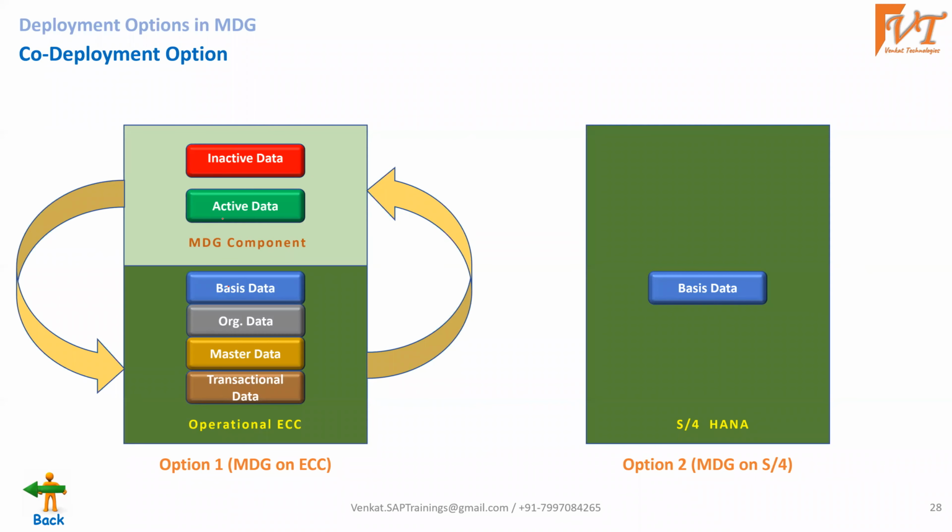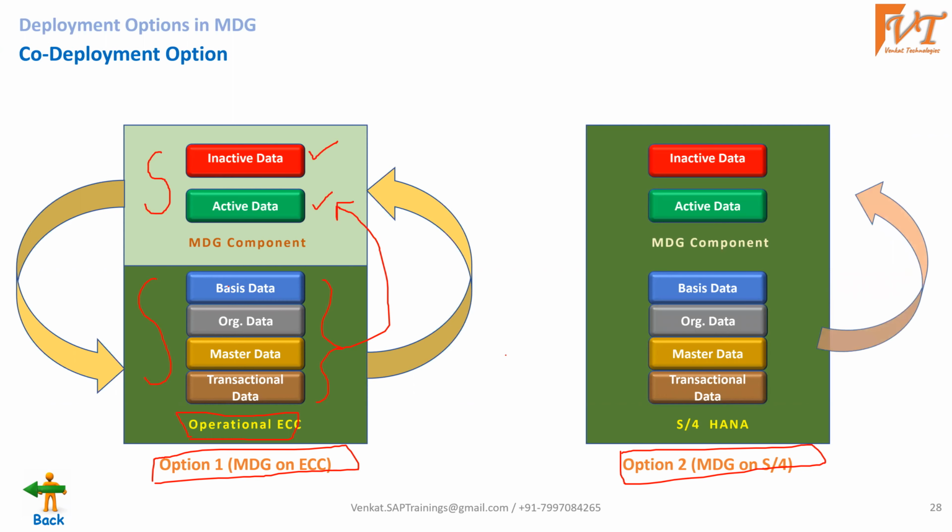If we install MDG on our operational system, this data can be shared through the staging area, and the staging area data can be accessed by these components, vice versa. If it is on ECC or on S4HANA, to make it simple, with the co-deployment option the data can be shared directly. Similarly in S4 as well.